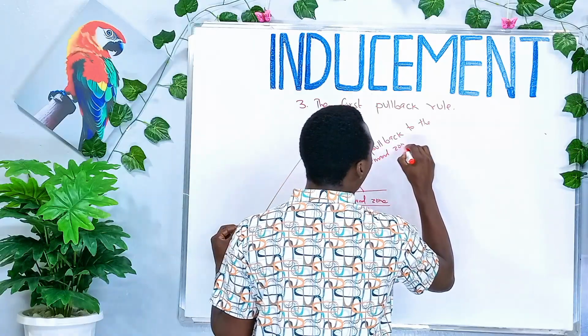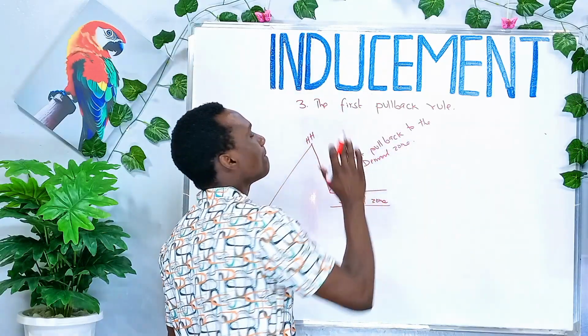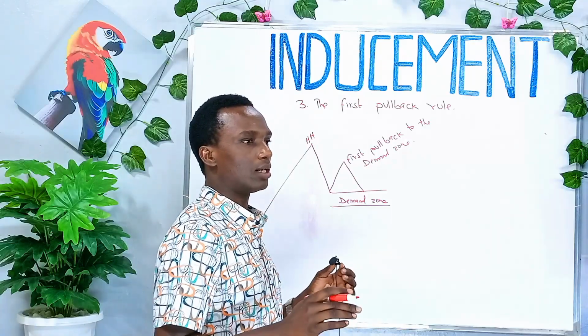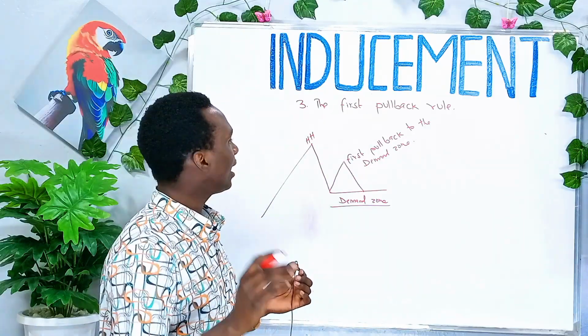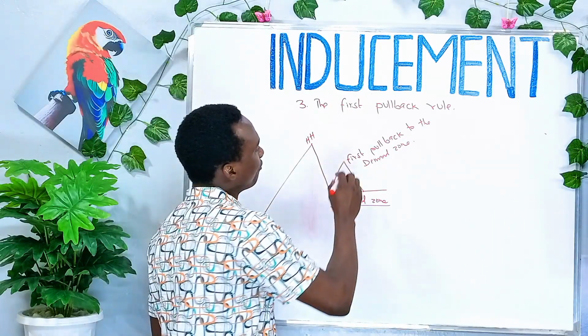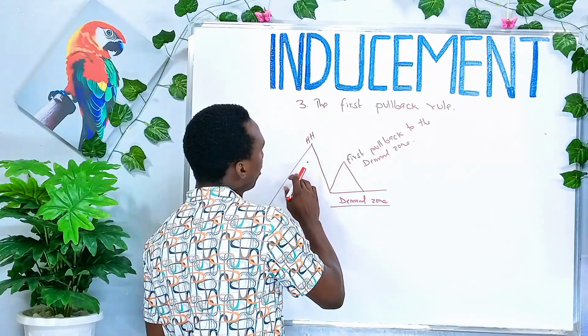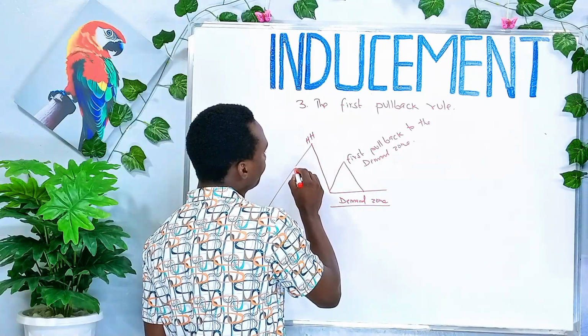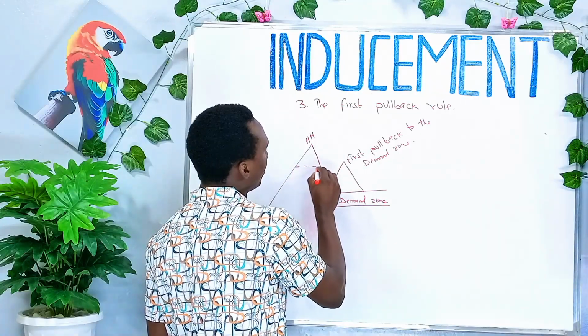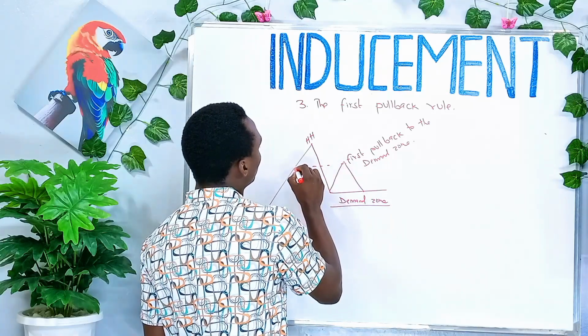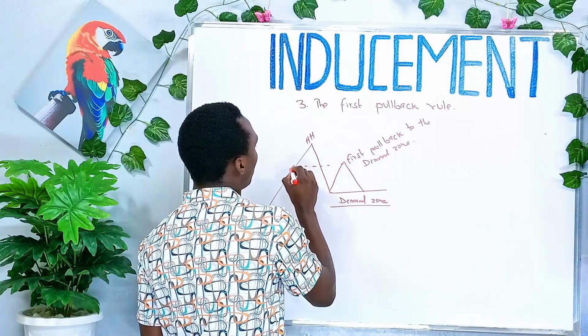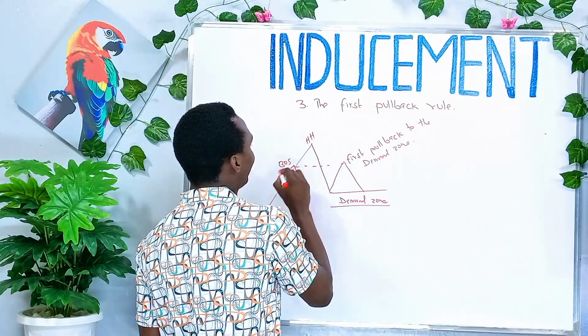According to the first pullback rule, for us to form this one, we must have a BOS here.